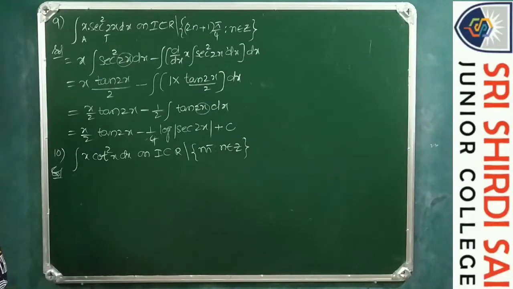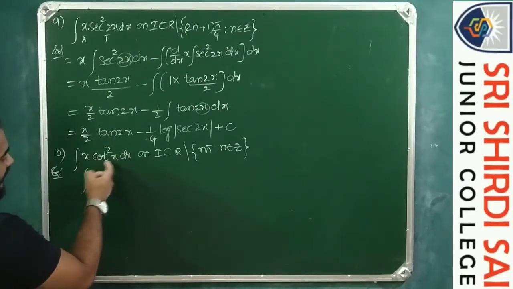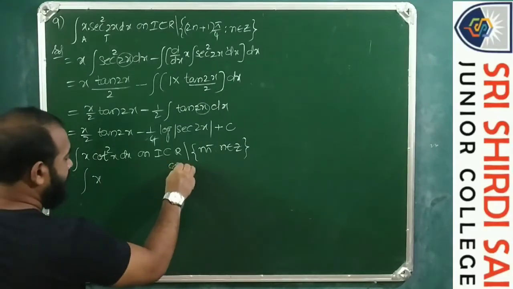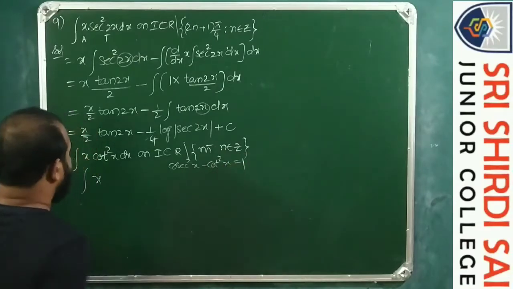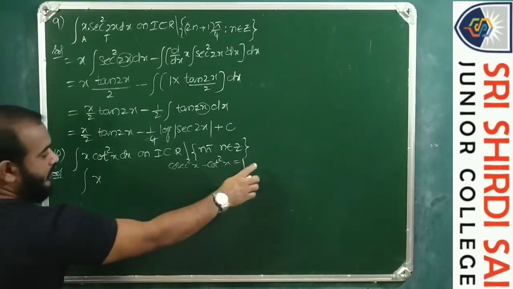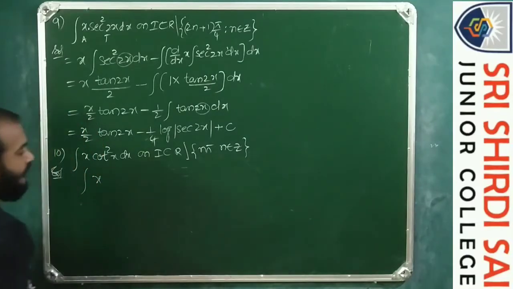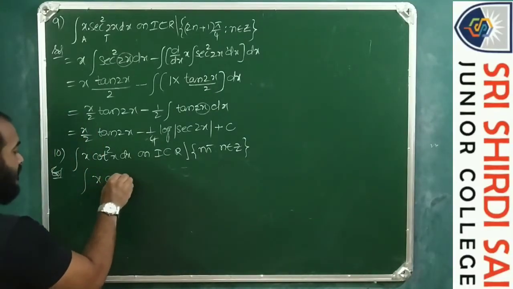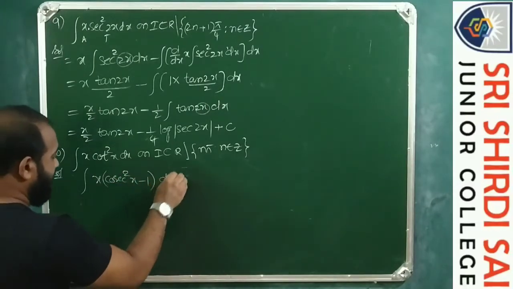So for which let us write it as cosecant square x minus cot square x is equals to 1. So cosecant square x minus 1 is cot square x. So cot square x is written as cosecant square x minus 1 dx.